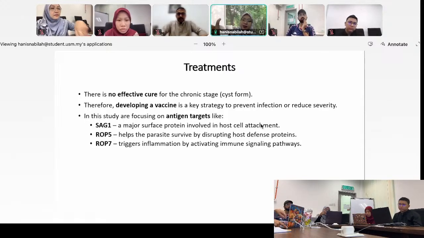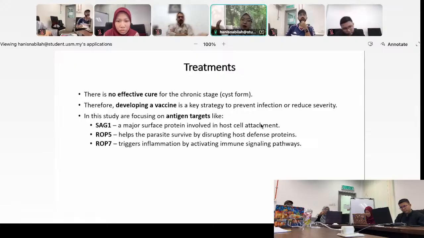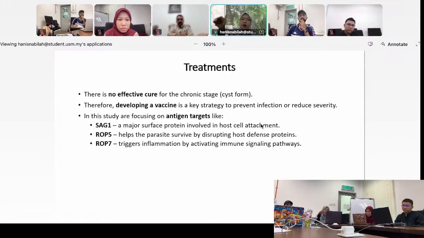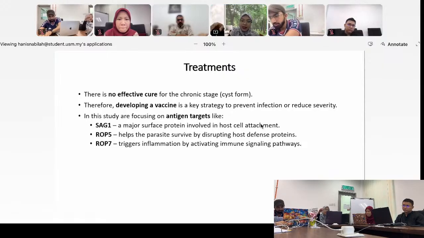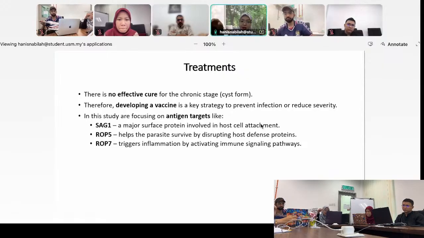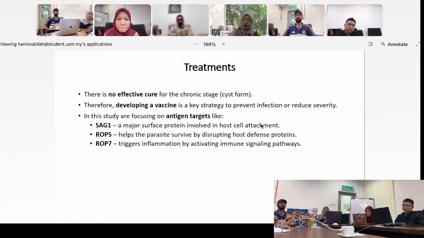SAG1 is a major surface protein involved in host cell attachment. ROP5 helps the parasite survive by disrupting host defense proteins, and ROP7 triggers inflammation by activating signaling pathways. So these are the three major proteins in the parasite that they target for the multi-epitope vaccine.